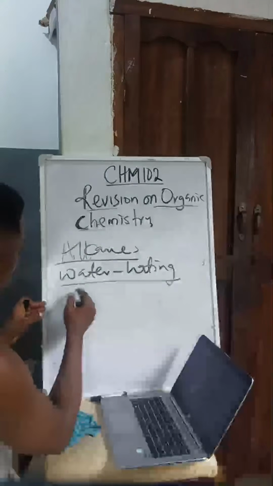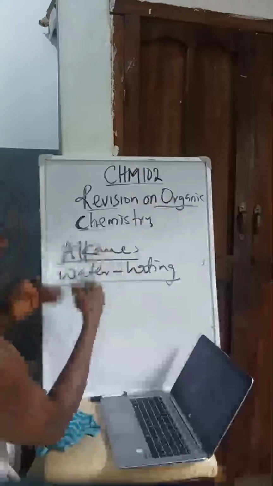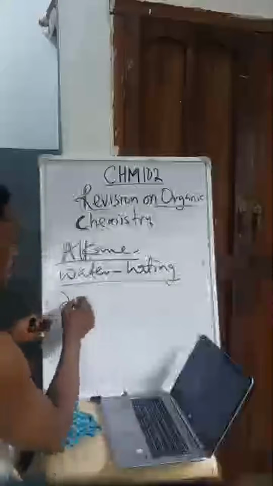So they float in water. Why? Water is denser than alkane. So alkane floats on water. It cannot dissolve, so it is suspended in water. We are talking about density. It is not soluble in water.